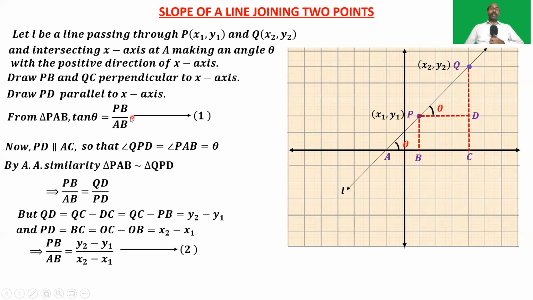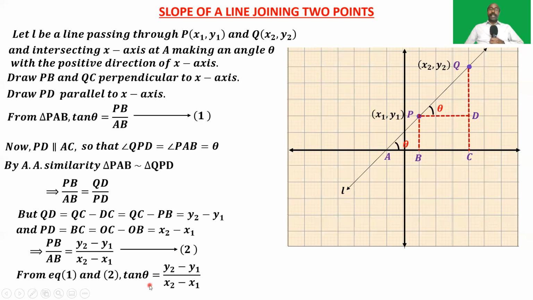From the first equation, we have PB by AB equal to tan theta. And from the second equation, we have PB by AB equal to y2 minus y1 by x2 minus x1. So from these two, we can write y2 minus y1 by x2 minus x1 is equal to tan theta. But we know that y2 minus y1 by x2 minus x1 is the slope of the line passing through the points x1, y1 and x2, y2.